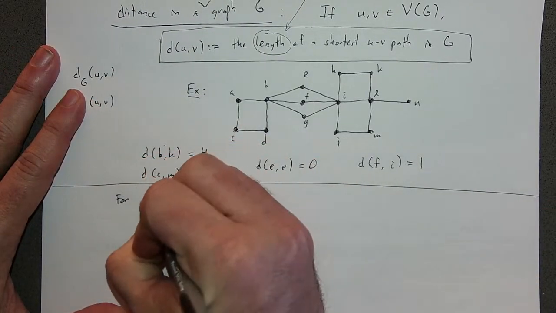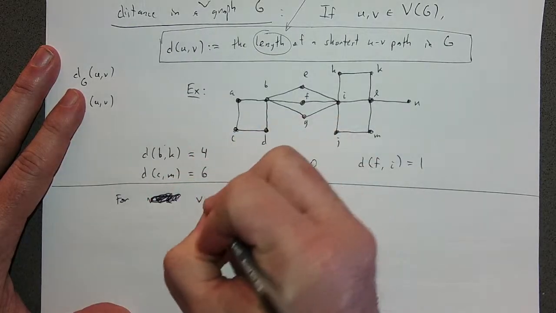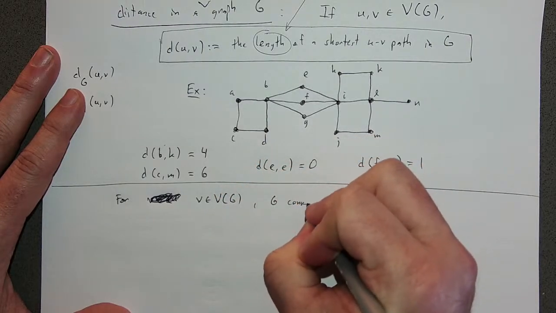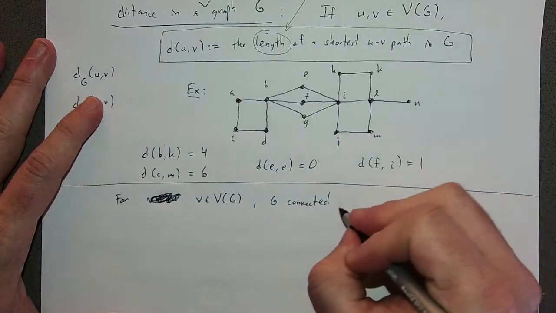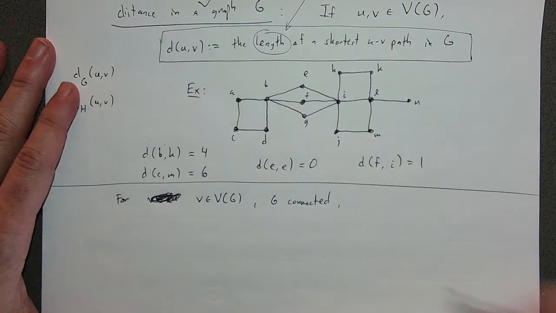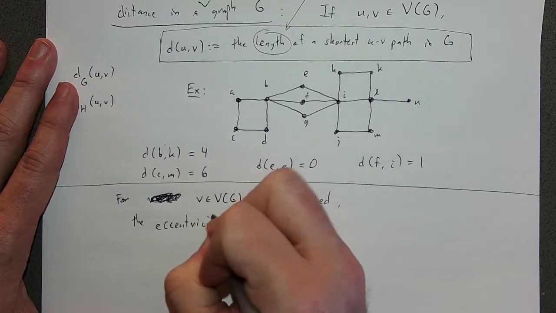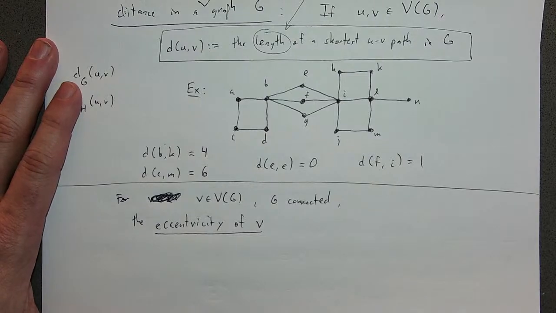For a vertex V in the vertex set of some graph G, we'll say G is connected for now. As I said, we'll address the disconnected case here in a little bit. I want to define what is called the eccentricity of V. The eccentricity of V is the greatest distance from V to any other vertex.